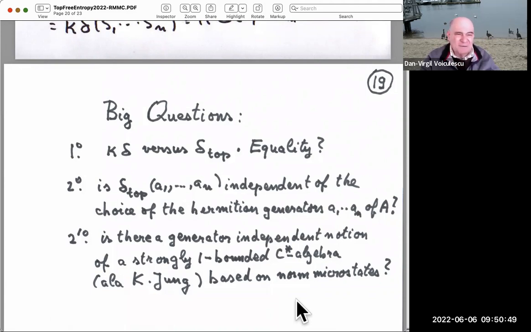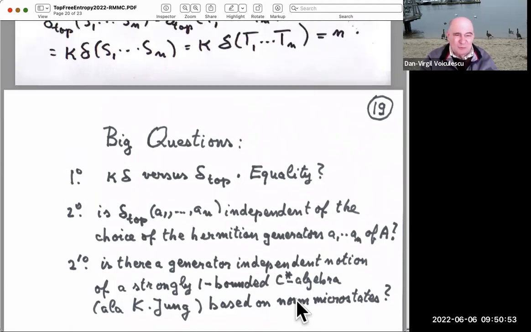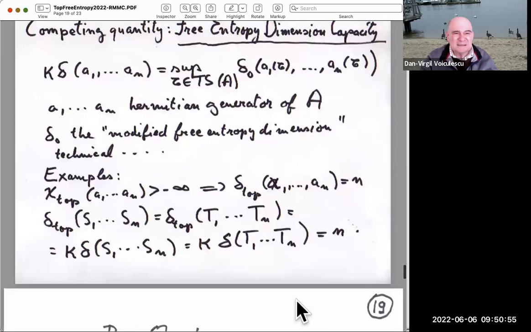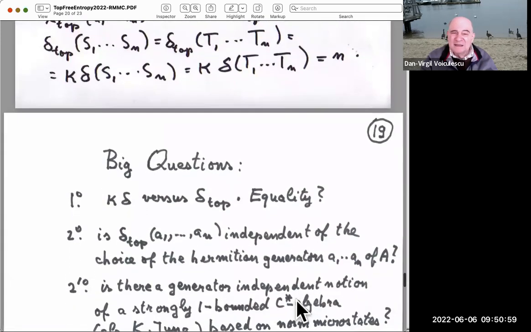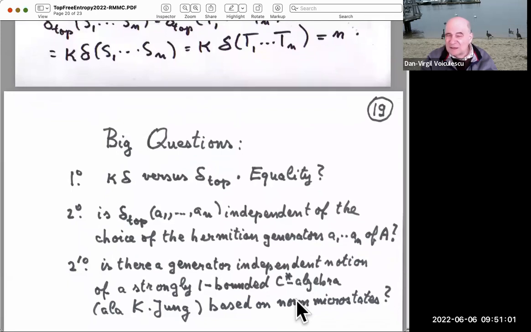Here you have the following question: if this free entropy dimension capacity is equal to the topological free entropy dimension, are they equal in general? There are partial results, but how far does that go? Is it quite a general thing?